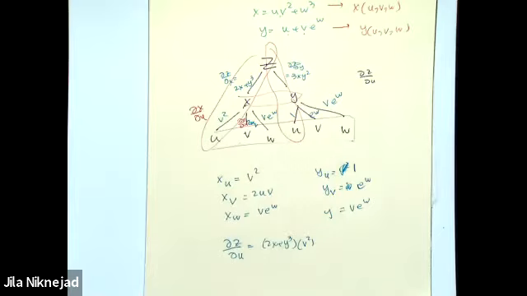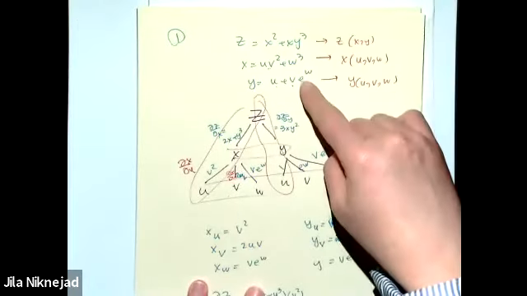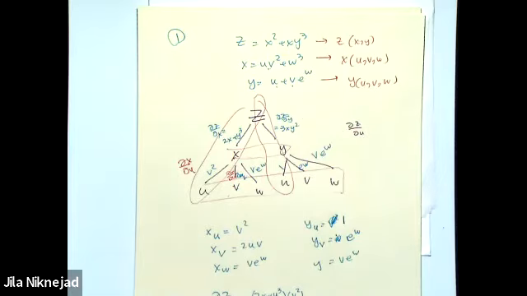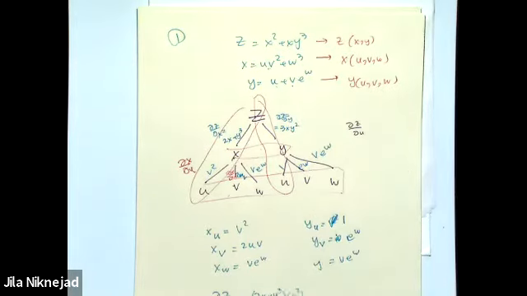Wrong partial for x with respect to w. Let's go back. X with respect to w. Oh yeah, I mixed up these two, didn't I? Thank you. W to the power 3, so this one's wrong.